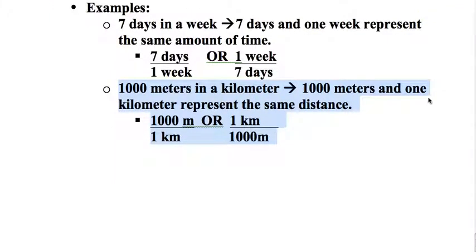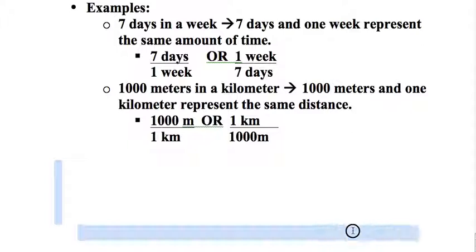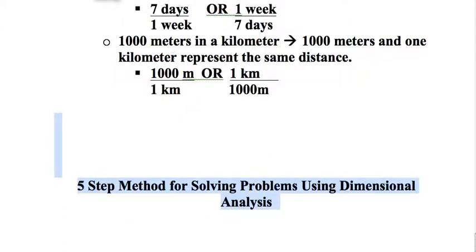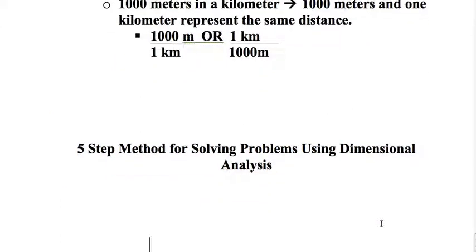One of the things I've come up with, as I've taught this for many years, is a 5-step method to help kids work through this, because sometimes it can feel daunting. And there we have our 5-step method for solving problems using dimensional analysis.